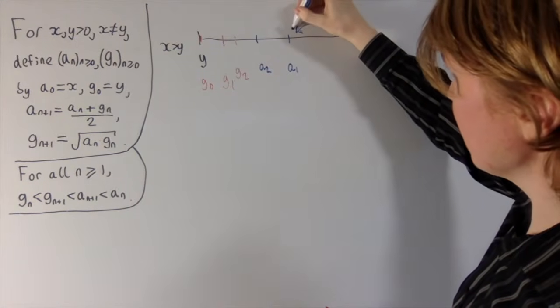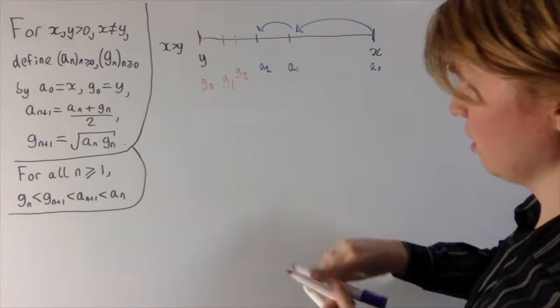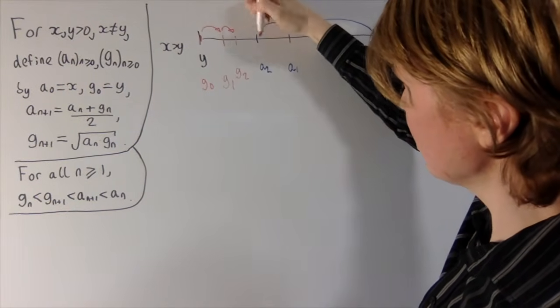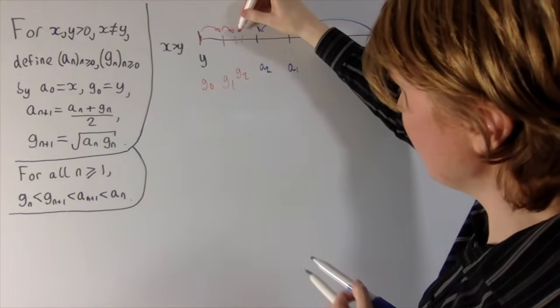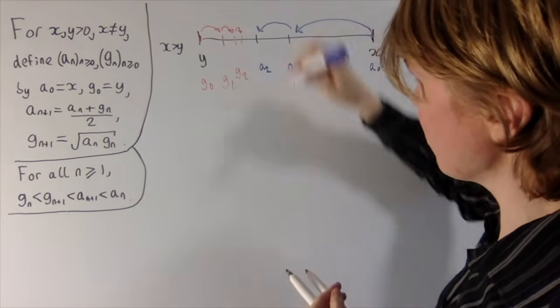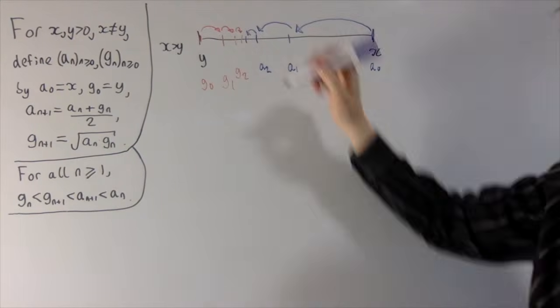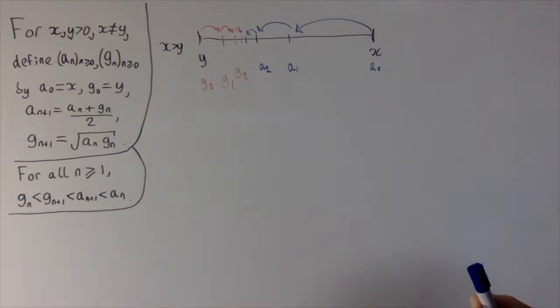So A is this decreasing sequence. G is this strictly increasing sequence. Perhaps if I just put on another term, you can see hopefully these two are going to coincide in the middle somewhere, and this should help us find the limits.